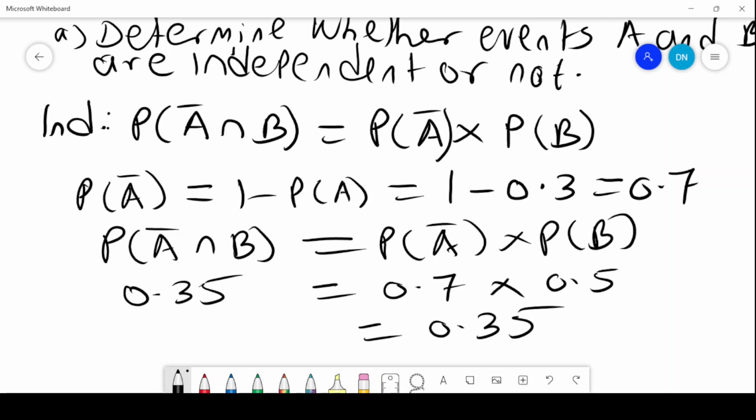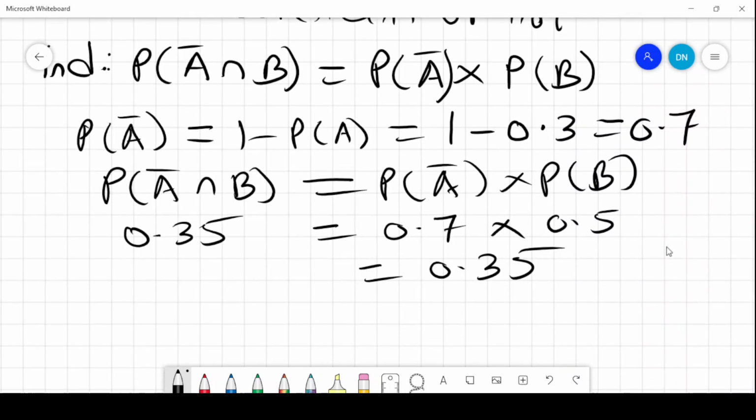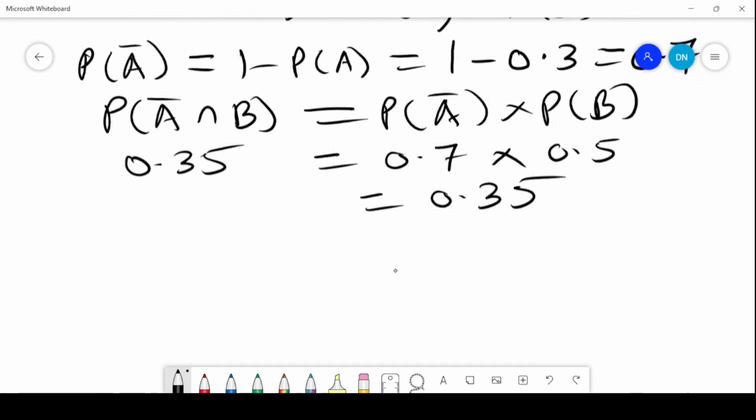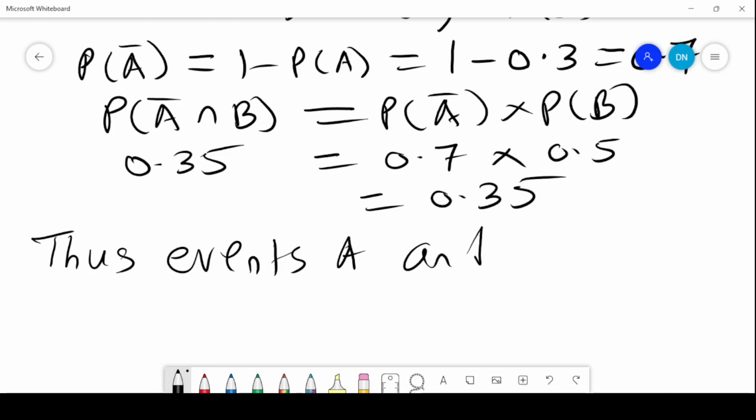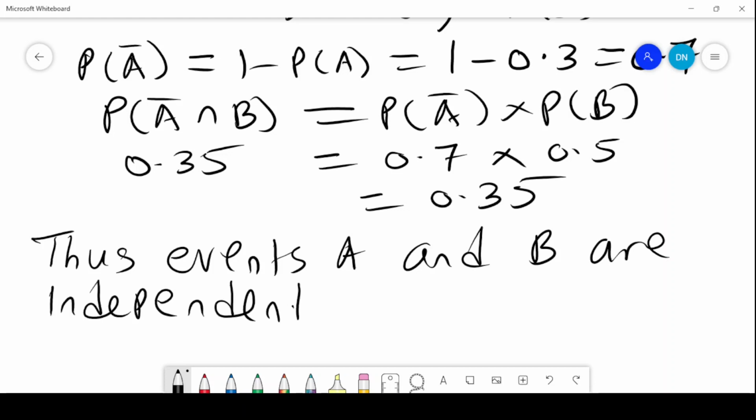So because that is true, it's very easy to tell that the two events are independent of each other. So we can comfortably say that events A and B are independent. So that's something we want to keep in mind as we calculate the probabilities.